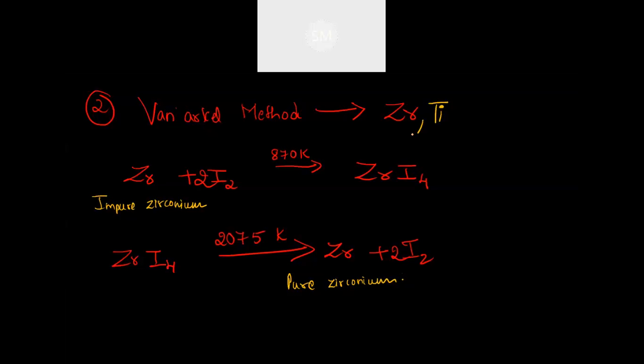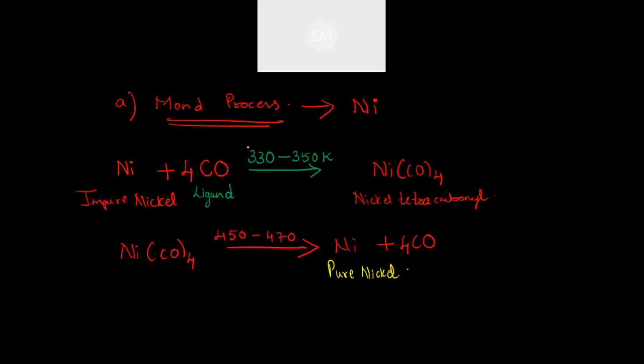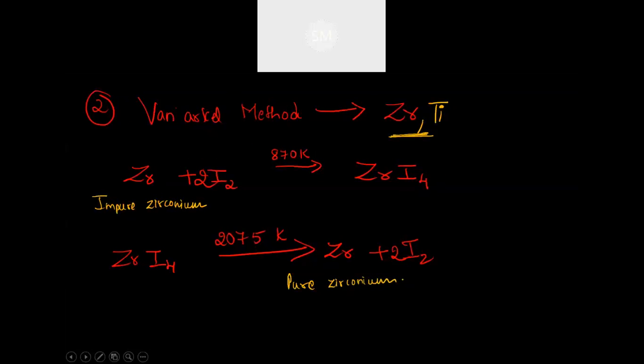So zirconium and titanium through the Van Arkel method and nickel through Mond's process. I hope it is understood. Whatever is done today.